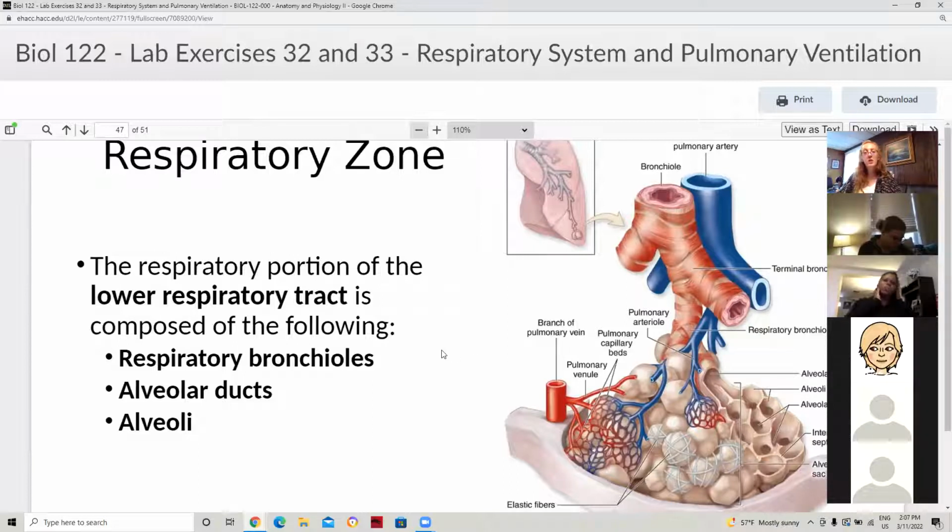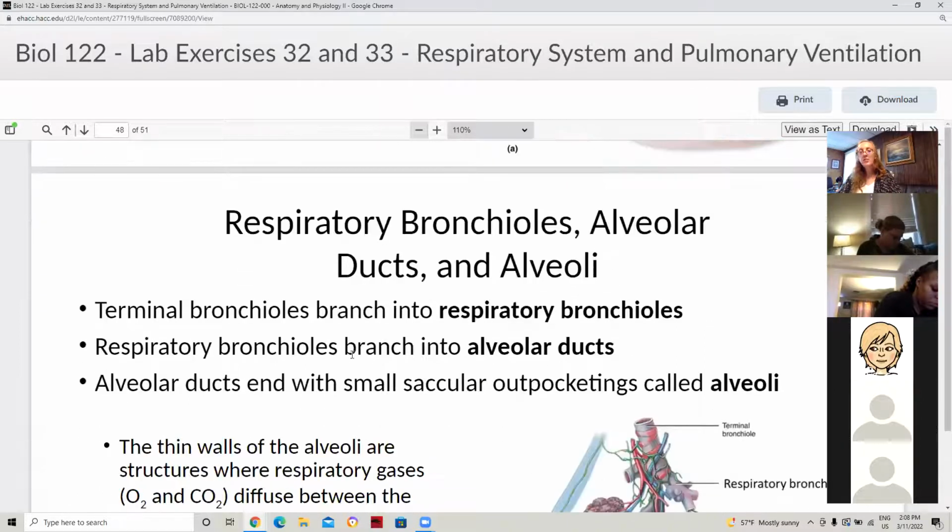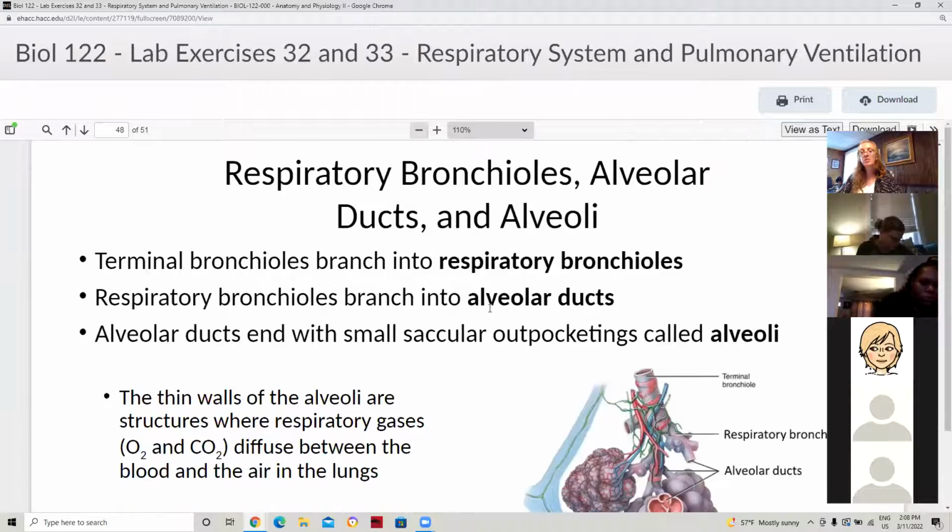Respiratory zone. The lower part of the respiratory tract includes the respiratory bronchioles, the alveolar ducts, and the alveoli. The terminal bronchioles branch off into the respiratory bronchioles.